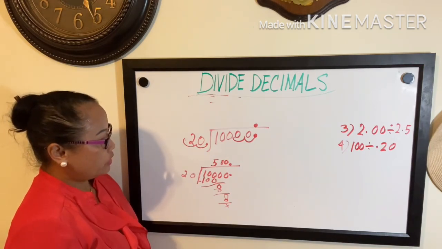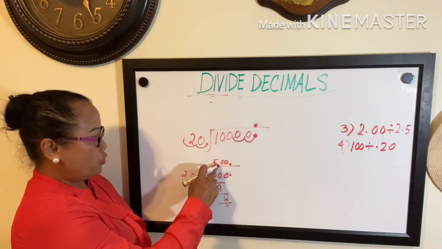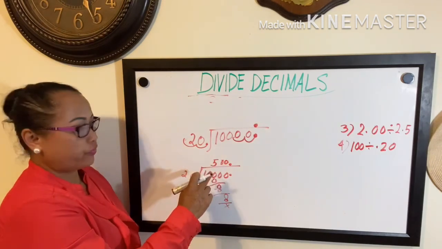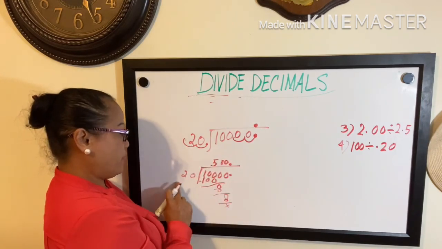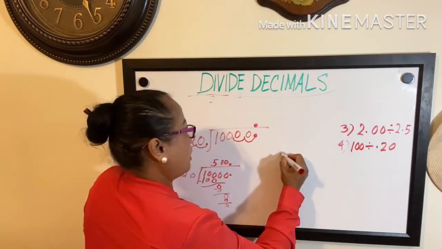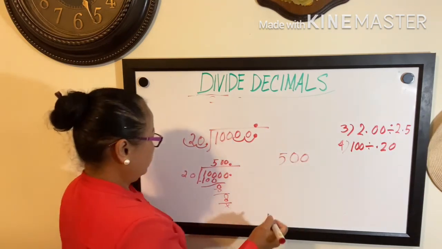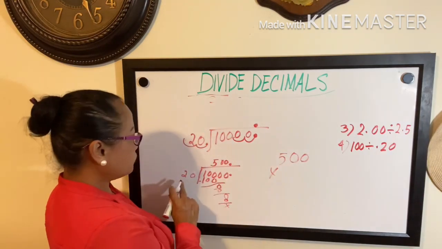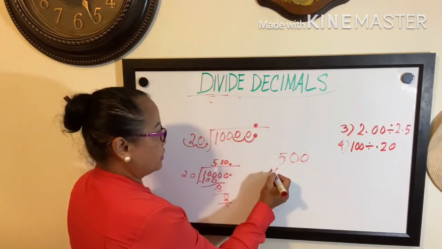Okay. Now we can even try to check when we multiply this. Multiply the quotient and the divisor. So let's say 500 times 20. When you multiply this, it's easy.